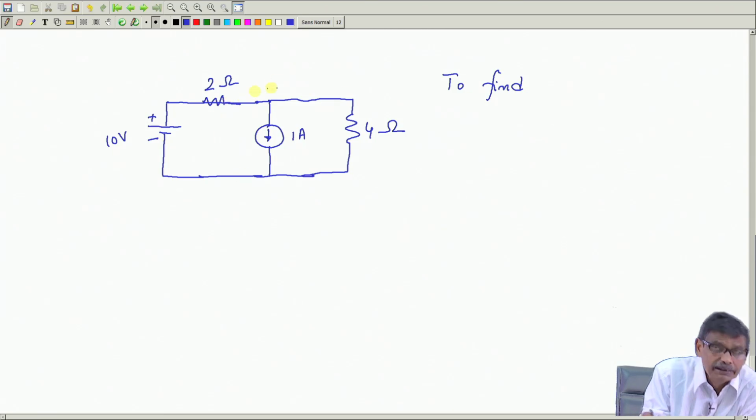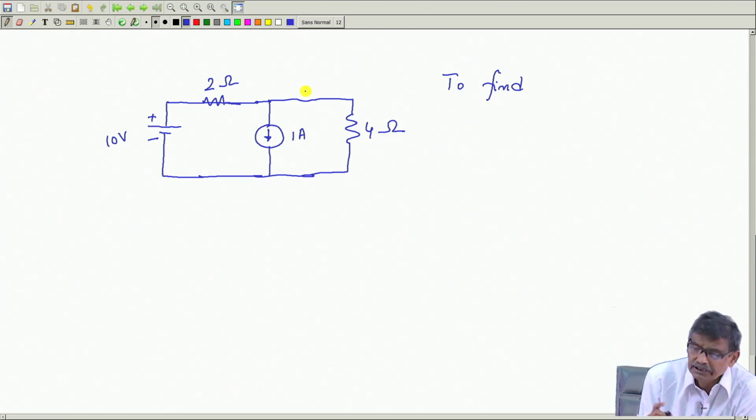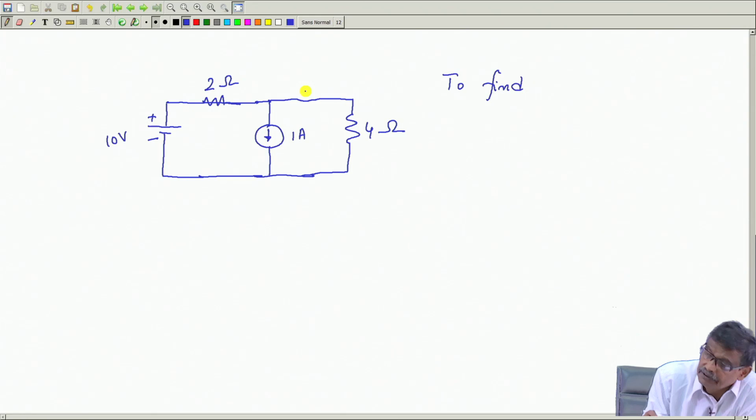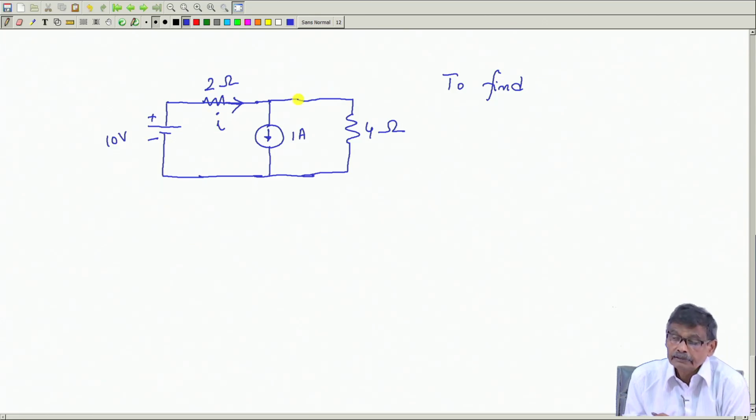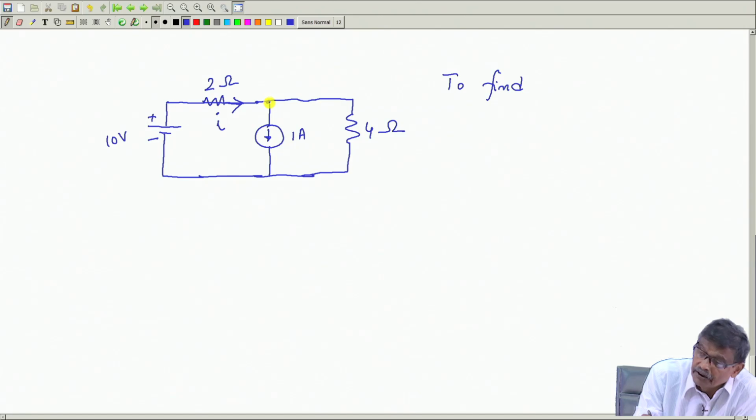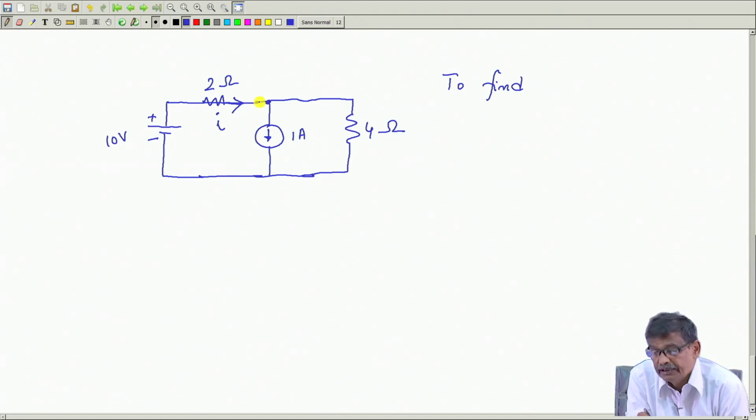While solving for this current by using KVL and KCL, I will assume the currents. For example, this current I say is I ampere. Then I come to this junction, where KCL has to be satisfied, and this branch current is 1 ampere.